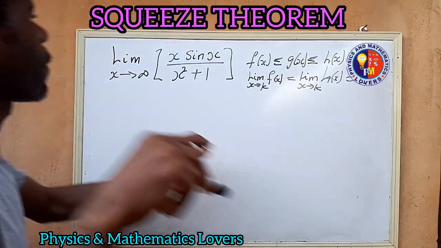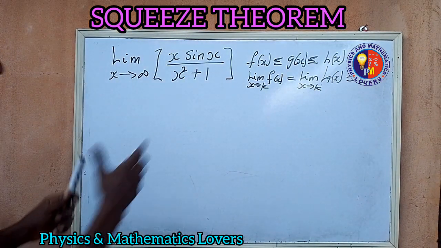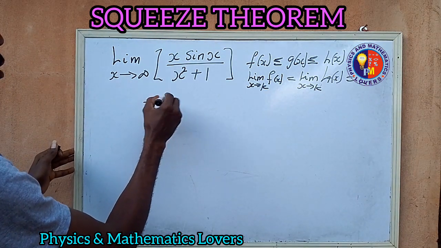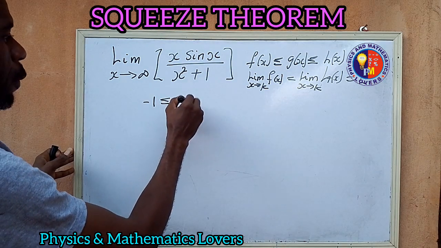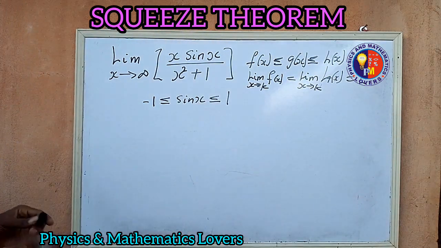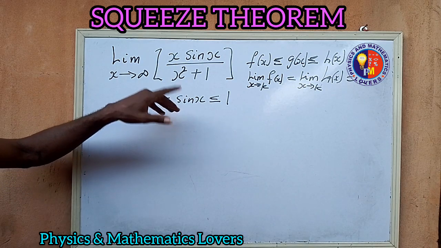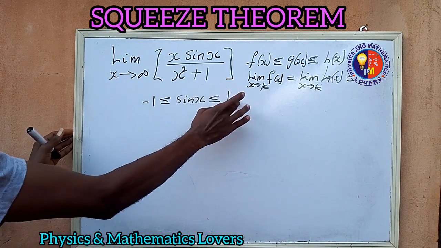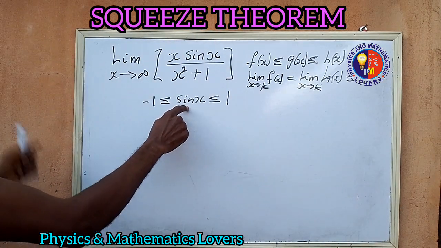Judging with that, we will now solve this. Sine x has to be greater than or equal to minus 1, but less than or equal to 1. To use the sandwich theorem, I have to look for a way to have a value on the left and a value on the right. What can we multiply by to have our sine x?